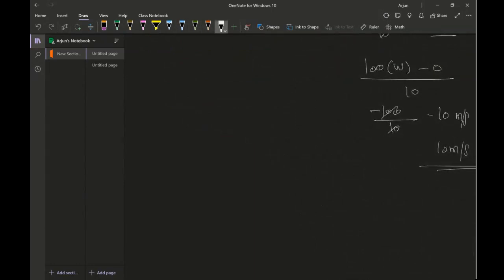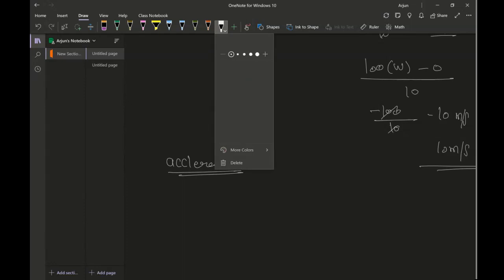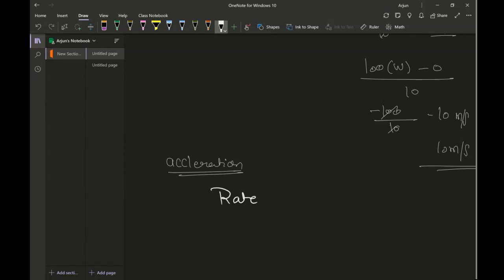Now the final thing which I want to talk about for this lecture is acceleration. So acceleration is rate of change of displacement, not the displacement, my apologies, rate of change of velocity with respect to time.